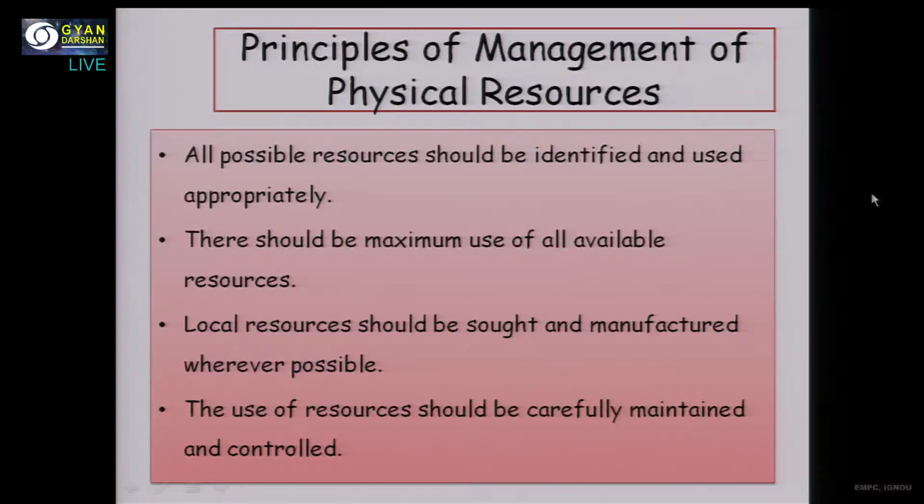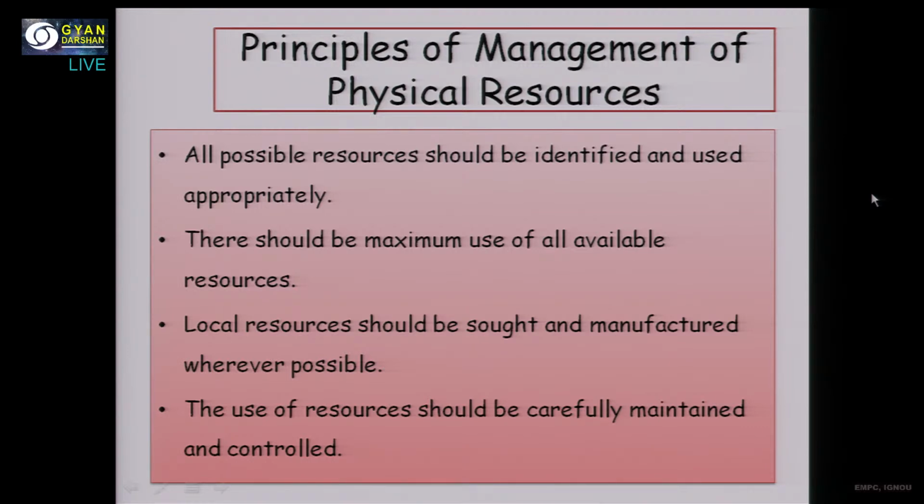Along with this case study, what is important is the principles of management of physical resources. Some of the points I need to specify. The first one: all possible resources should be identified and used properly. So it should be confirmed what resources are available and whether they are being utilized appropriately in an institution.